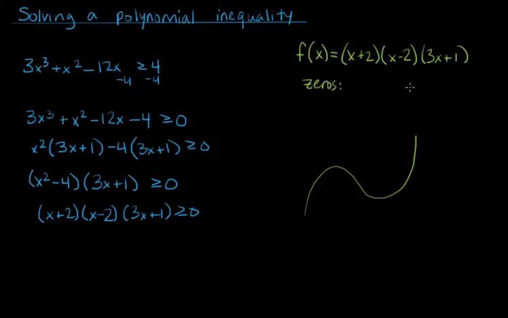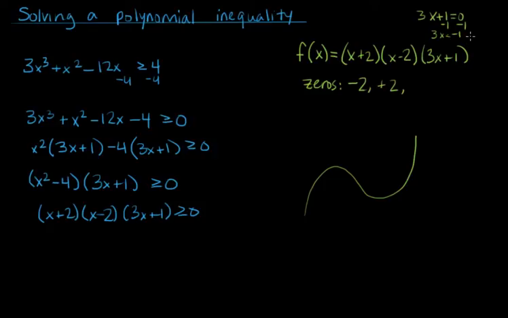It has a 0 at -2, +2, and this would give me 3x plus 1 is equal to 0. If we subtract 1 from both sides, we get 3x equals -1.